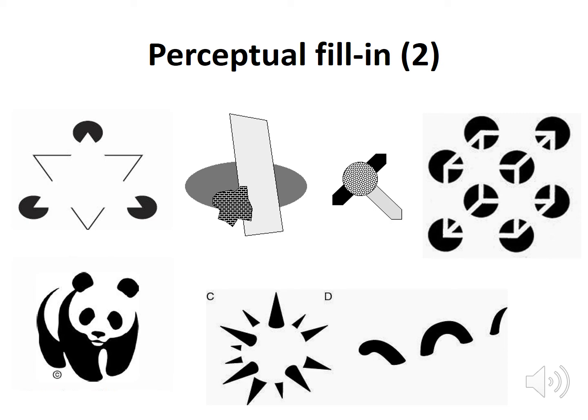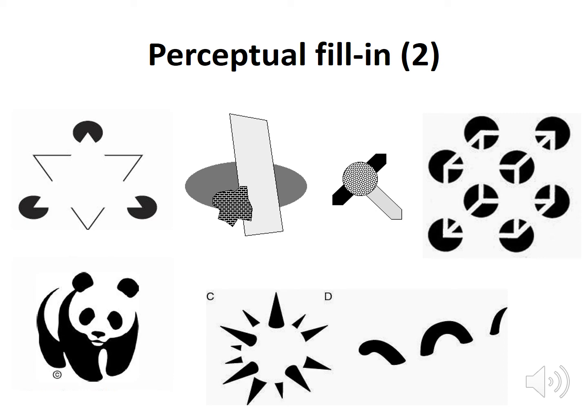Even though there is no triangle, we perceive a triangle. The WWF panda in the lower left is an arrangement of white and black blobs, but we perceive it as a panda. So we sort of complete this into an object.